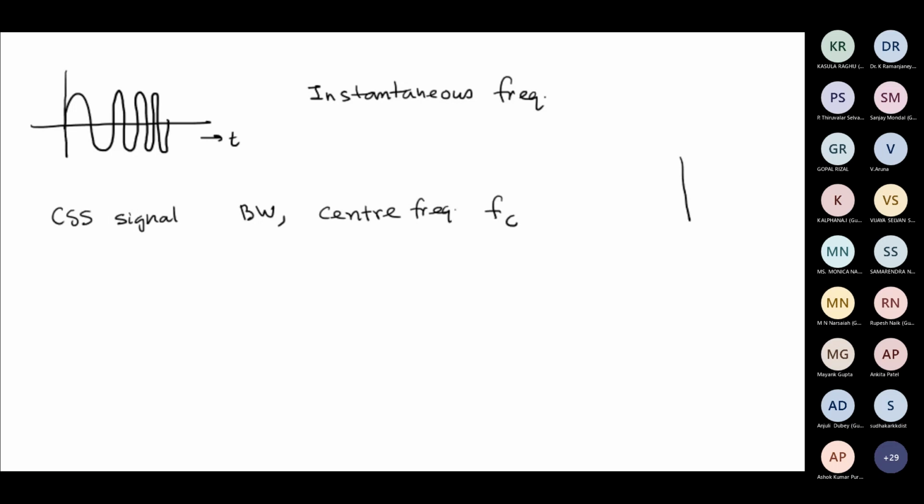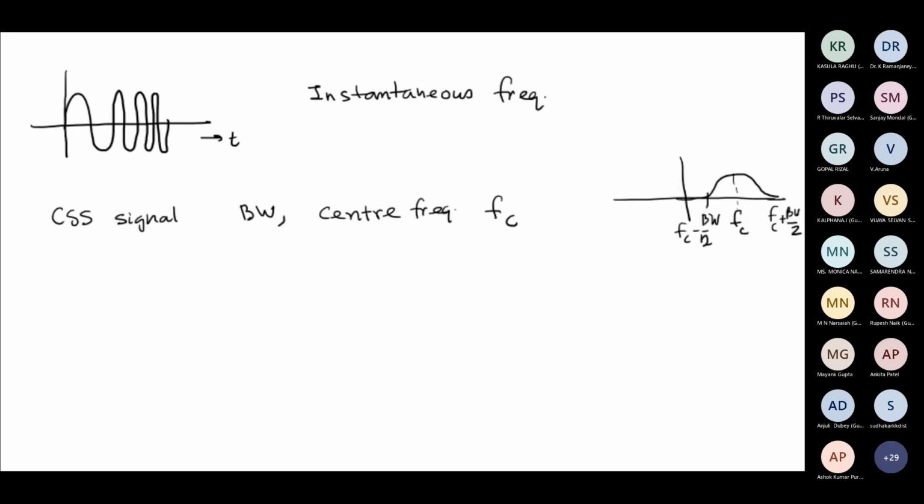So we are looking at a spectrum maybe like this. We have a center frequency FC, we have FC minus BW by 2 and FC plus BW by 2.